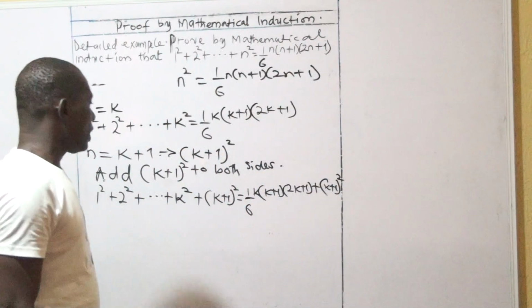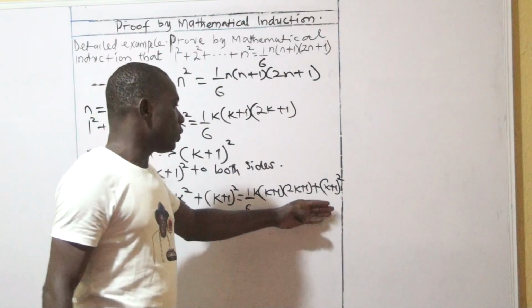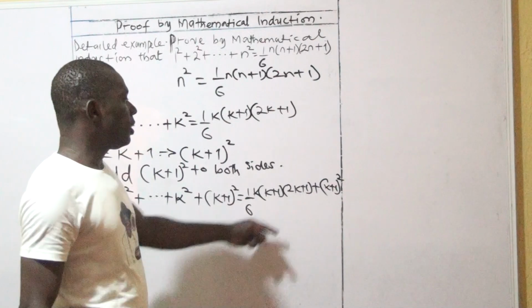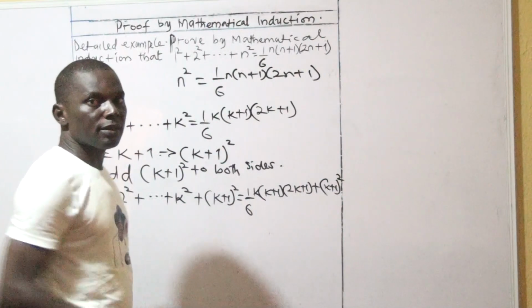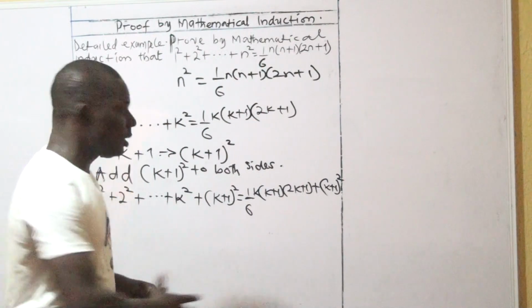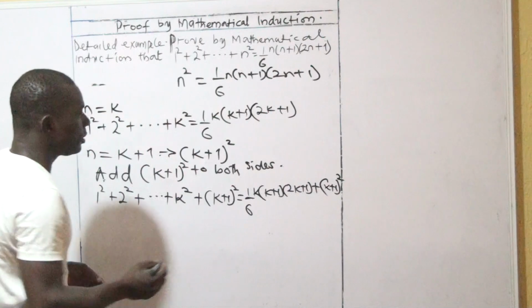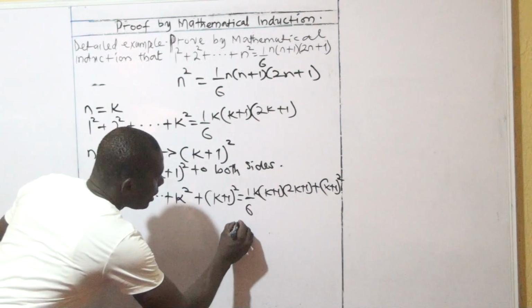Like I said, what you need to do now is just concentrate on the right hand side. So you leave this the way it is, and let's concentrate on this. Let me write this out clearly.